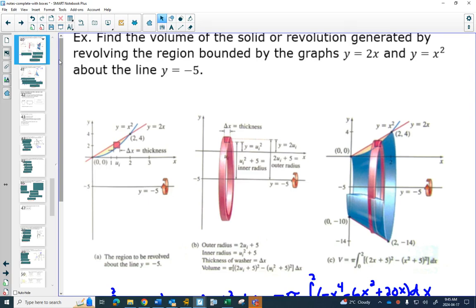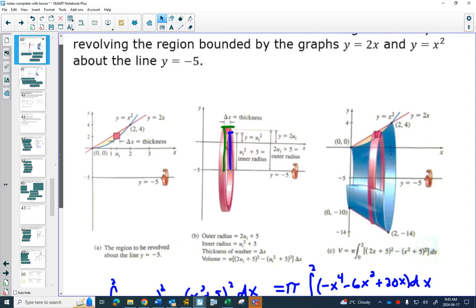So we'll always have a big radius and a little radius, right? That purple thing, no, that's good. Okay, so we have a big radius and a little radius. And we need to make each of those washers and then add them all up.